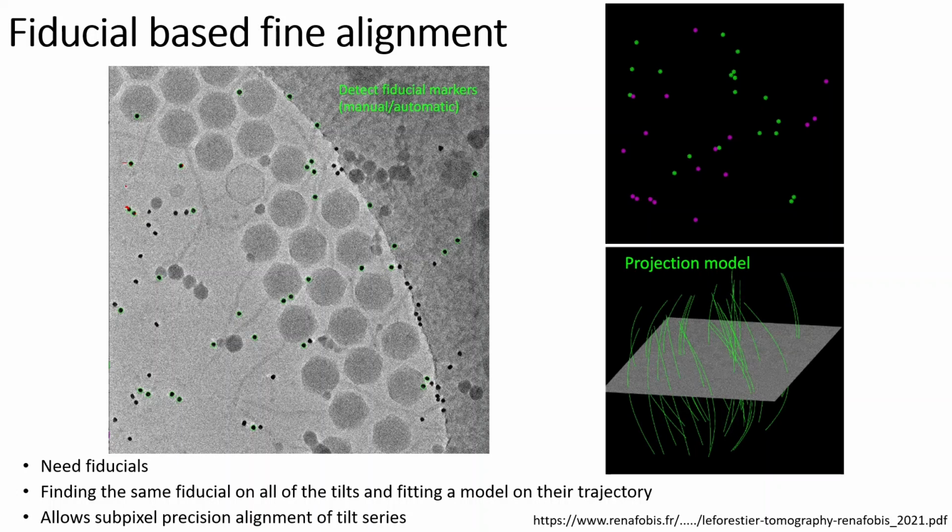So actually the software finds these spots on the first tilt, then it looks at the second tilt and looks where the dot is placed, and then it's interpolating the trajectory of this dot over all the tilt series of the image. When this is done, you will get a projection model, a model that's showing how our fiducial is moving by tilting of the sample.